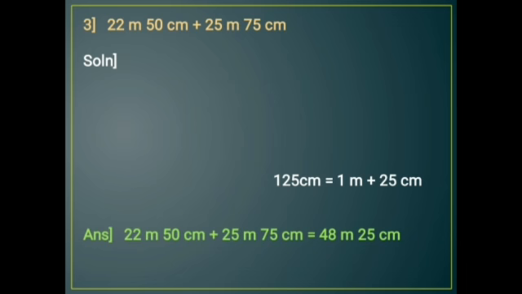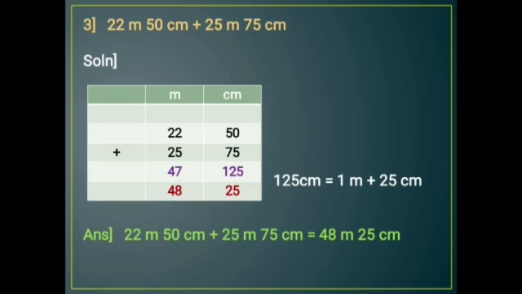Next, question number 3, 22 meter 50 centimeter plus 25 meter 75 centimeter. So here we will draw again two columns, that is meter and centimeter. So 22 meter 50 centimeter plus 25 meter 75 centimeter. So 50 plus 75 is 125 centimeter. 22 plus 25 is 47 meter. So when we add it, we get the answer as 125 centimeter.